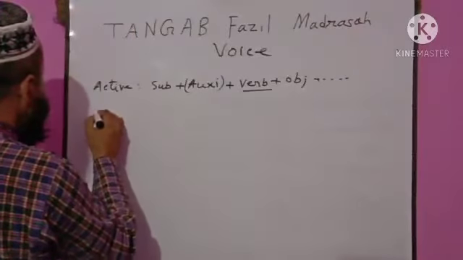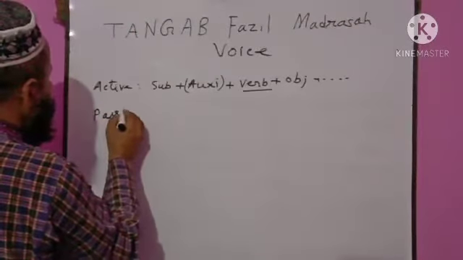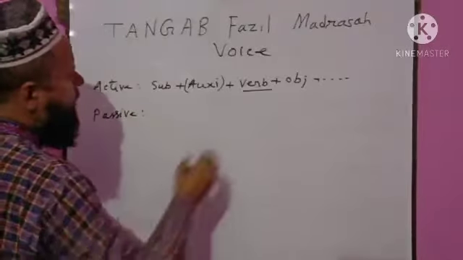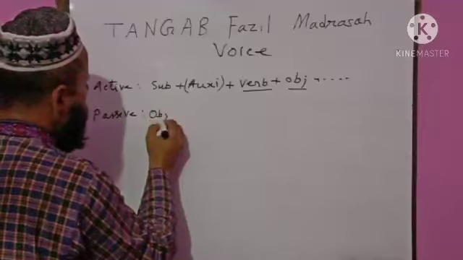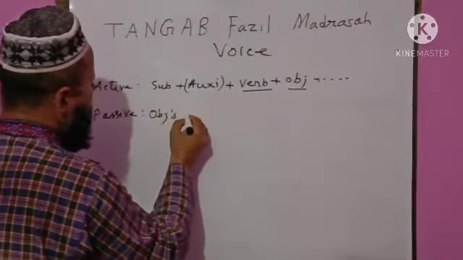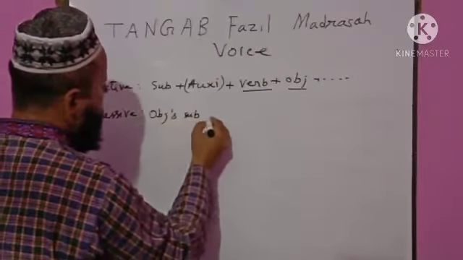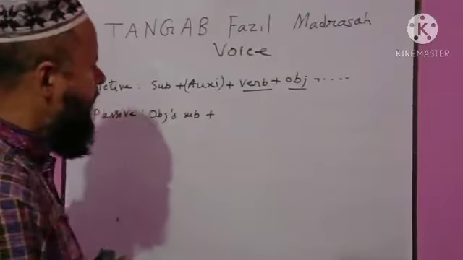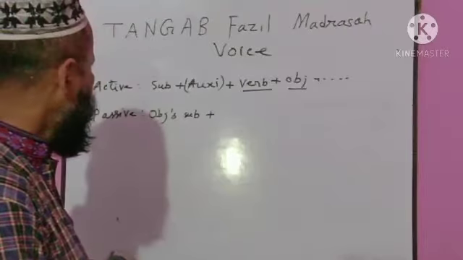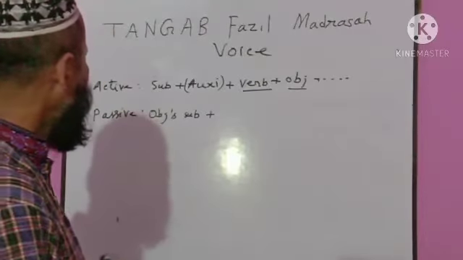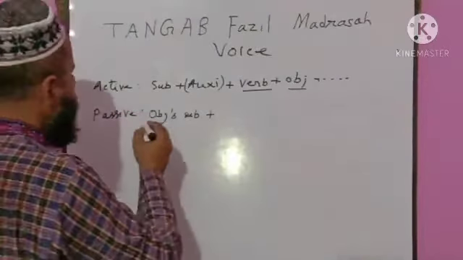So how to make passive? At first, the object will be subject. You will turn the object into subject, then auxiliary.